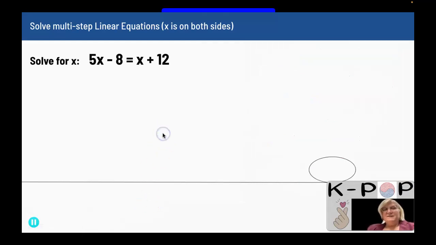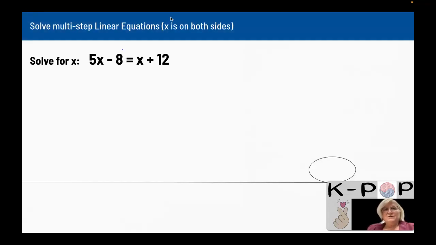So our first example, solve for x. We have 5x minus 8 equals x plus 12. So I pick a term. Terms are separated by plus or minus signs. And I move that term to the other side.